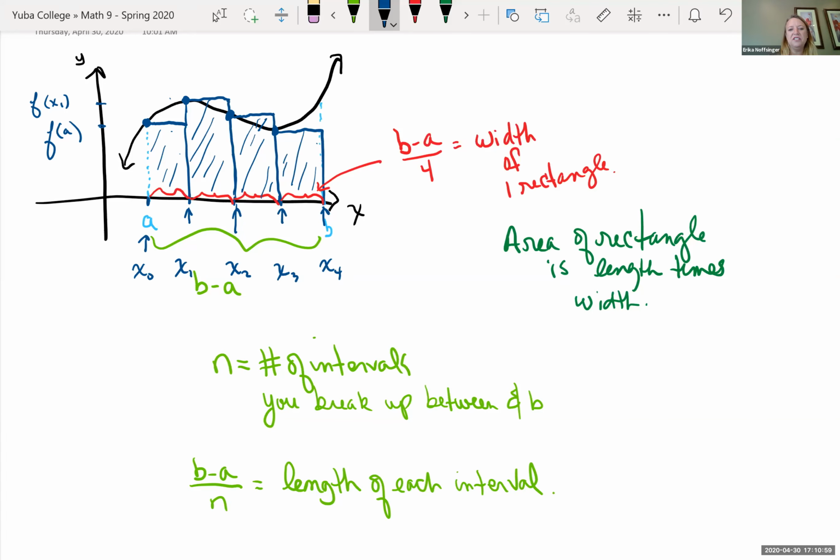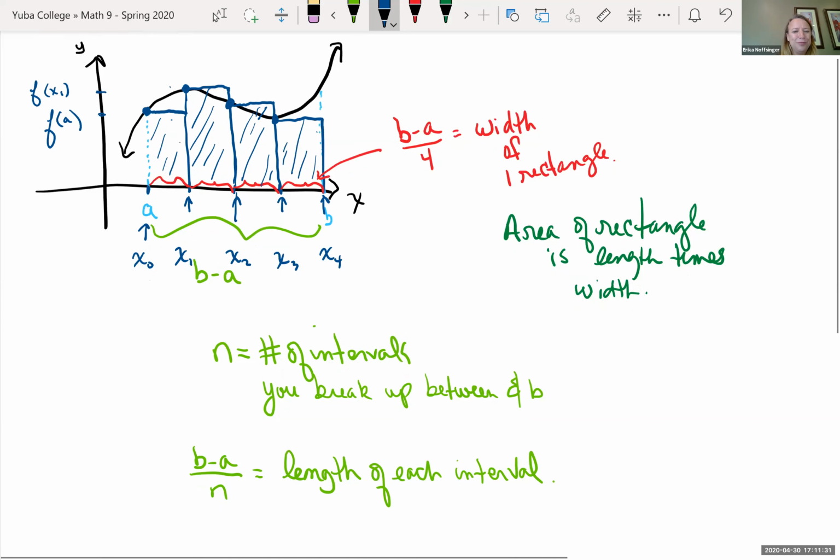Notice if you split it into more rectangles, the more rectangles you put underneath that curve, the better estimate you're going to get. The process is similar to what we did with limits and derivatives, when we tried to find the rate of change at a point by choosing points closer and closer together, so we could get exactly the rate of change at any point on a continuous, differentiable function.